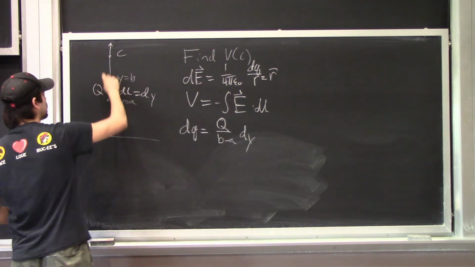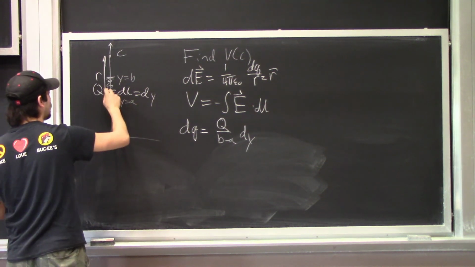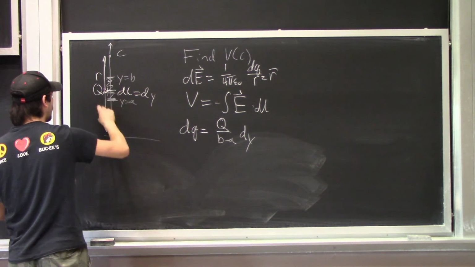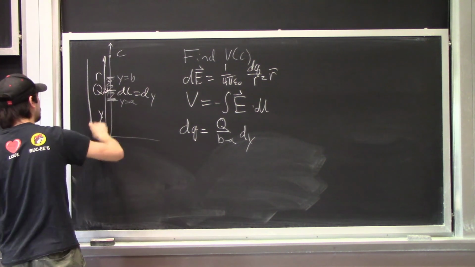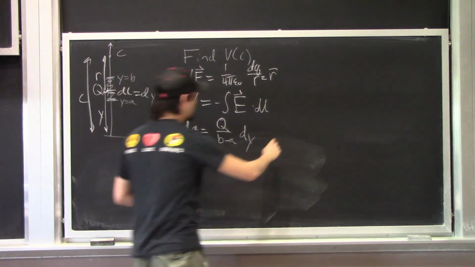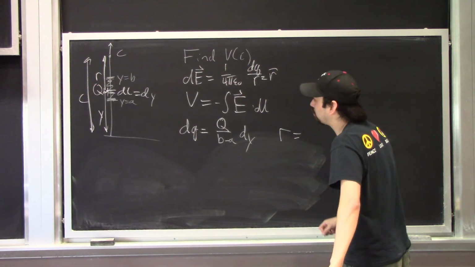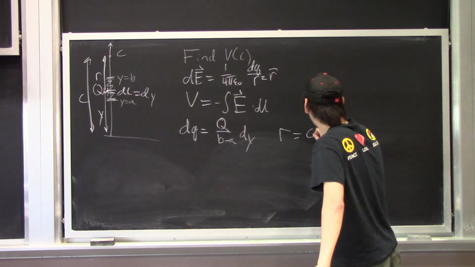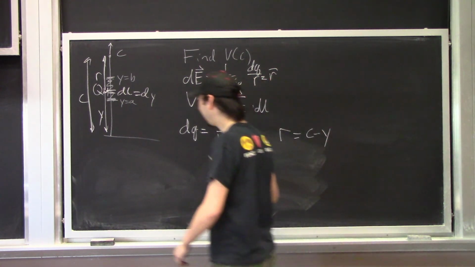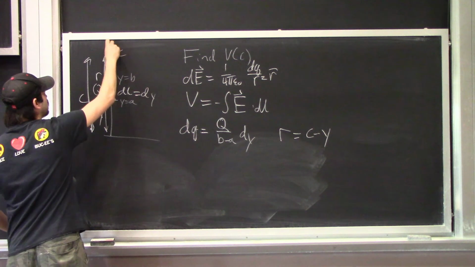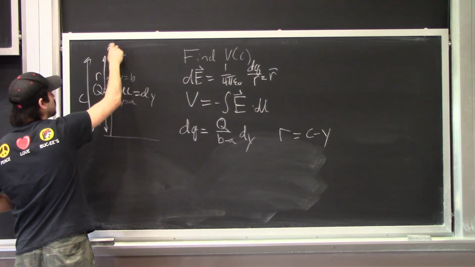R is going to be this distance, and this is the distance y. And so if this total distance is the distance C, then r is going to be equal to C minus y. And then the last thing we need is the unit vector that points from here to here, and that's just going to be y hat.